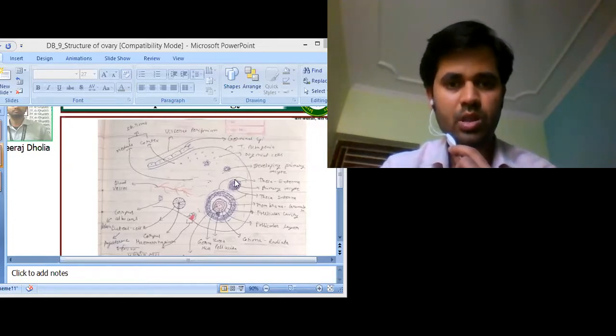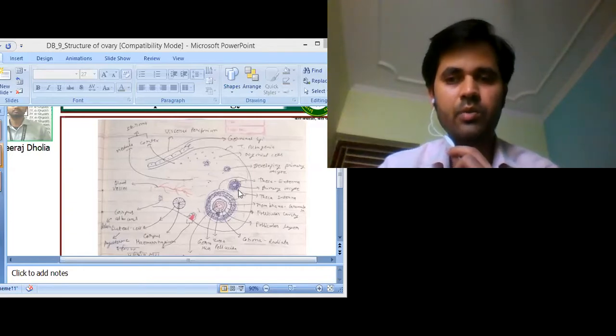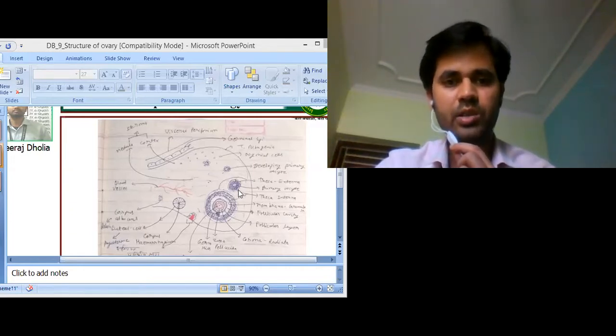This is the developing primary oocyte, and the cells attached to the primary oocyte divide and make various layers of cells, which lead to the development of various layers and membranes here.